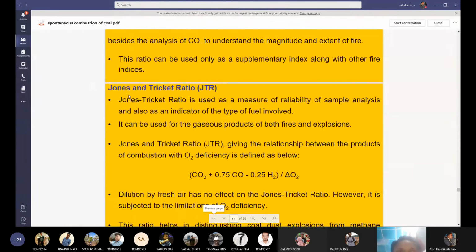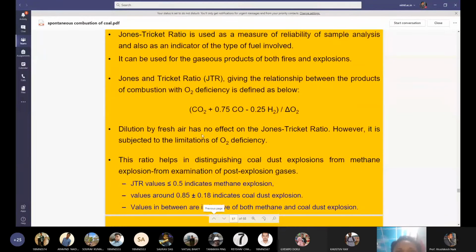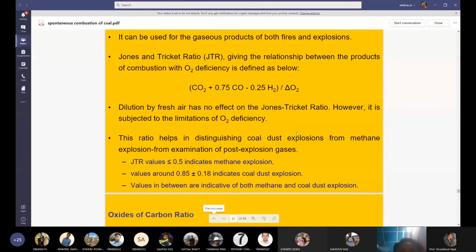Then we have also discussed the Jones and Trickett ratio, which is nothing but carbon dioxide plus 0.75 carbon monoxide minus 0.25 hydrogen divided by oxygen deficiency, used to detect spontaneous combustion of coal.